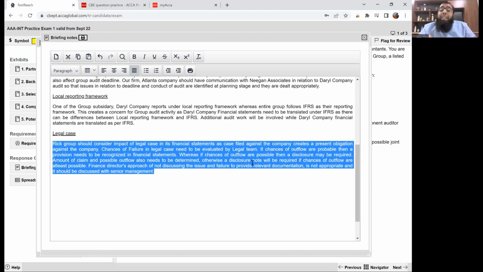See, while I develop the answer, I evaluate the different possibilities. Like, if this happens, then what will we do? If this happens, then what will we do? Now, these are the professional marks. What the examiner says is that when you write a risk, when you develop a point, you should demonstrate your ability to evaluate and your ability to communicate.